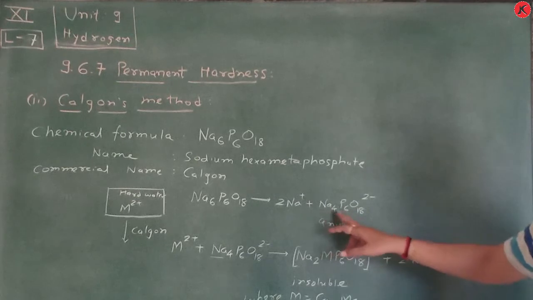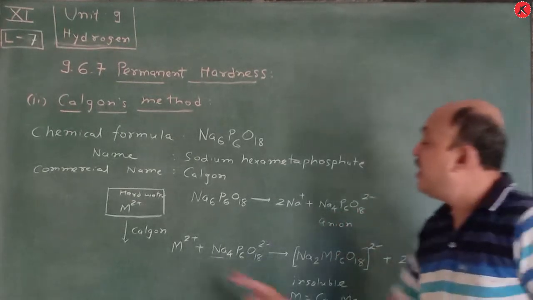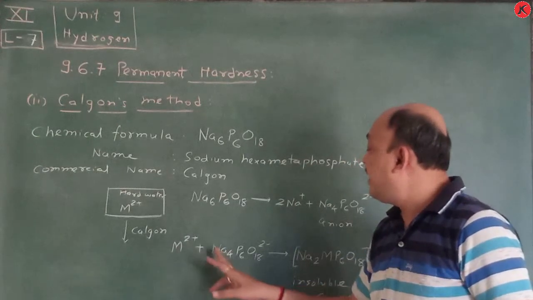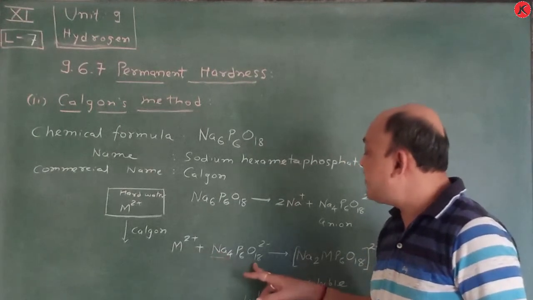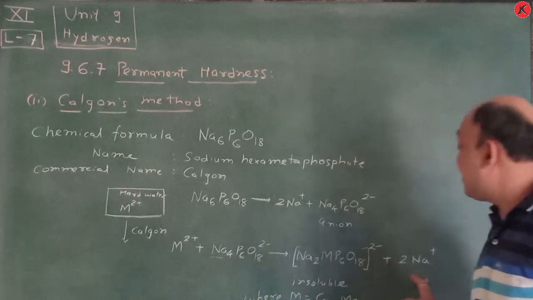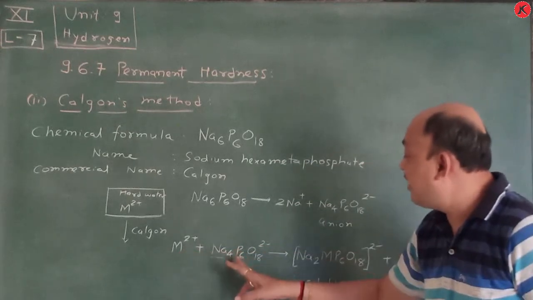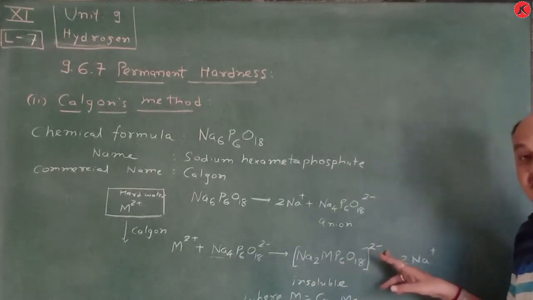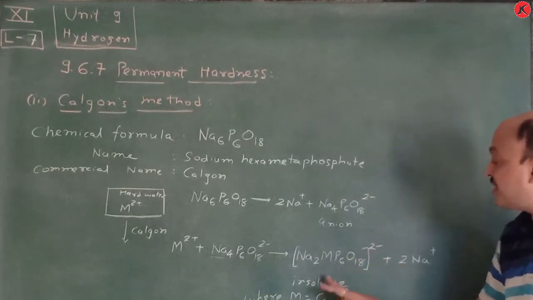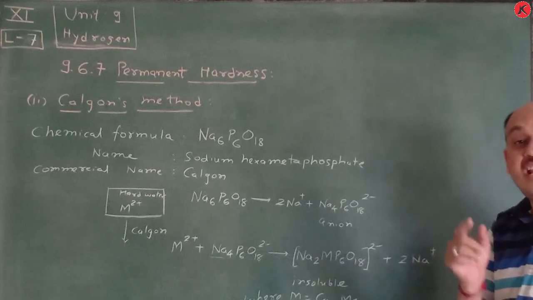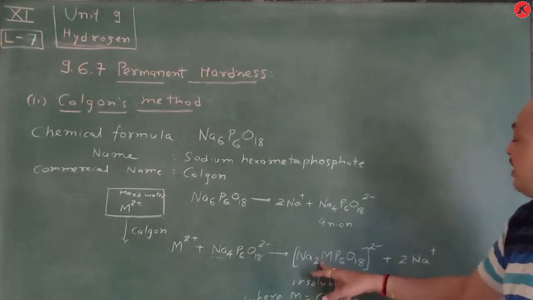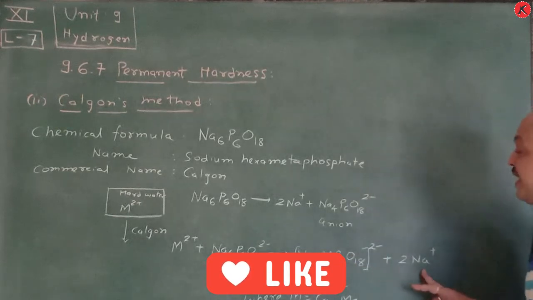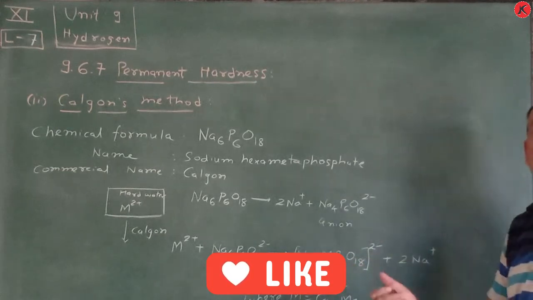Then this Na4P6O18 2 minus, when treated with M+2, that is Ca+2 or Mg+2, once again releases twice Na plus from the anion, and the M+2 enters the inner side. So Na2MP6O18 2 minus, with a whole charge of 2 minus, this type of insoluble complex anion is formed, which contains Ca+2 or Mg+2. Okay, and that's why this insoluble part is there.